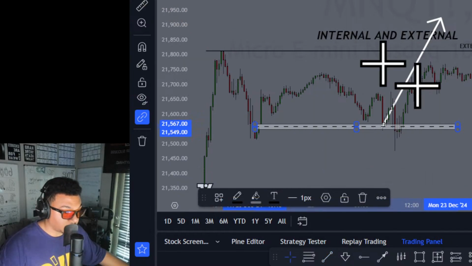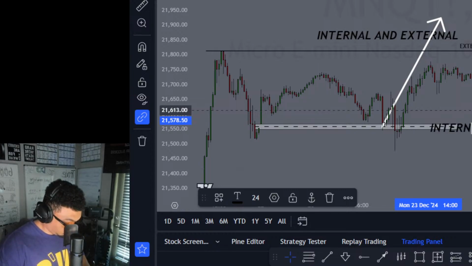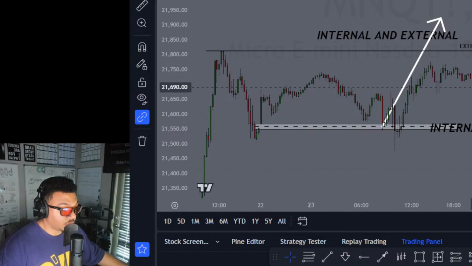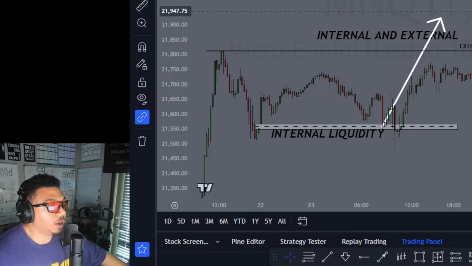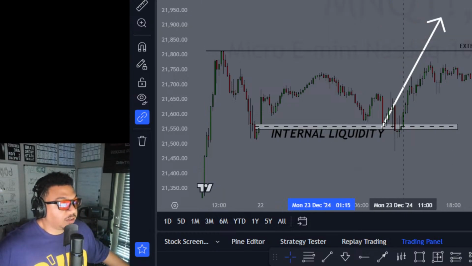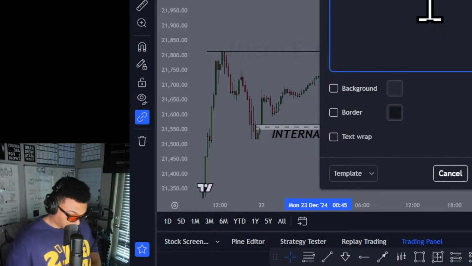So I'll just put a little label. There's a lot of deeper knowledge to this, a lot more concepts that you can learn, but the basis I'm trying to teach is internal and external liquidity, right?